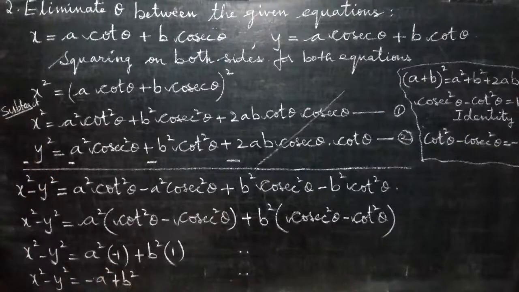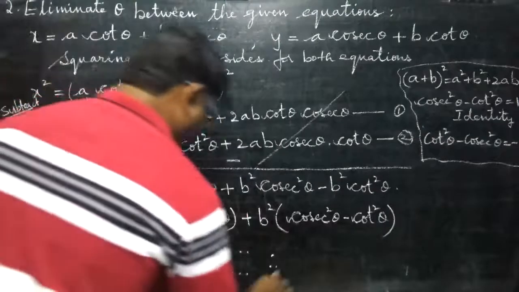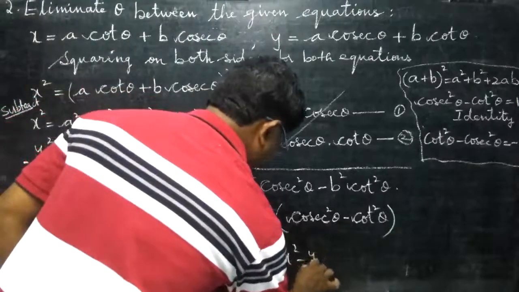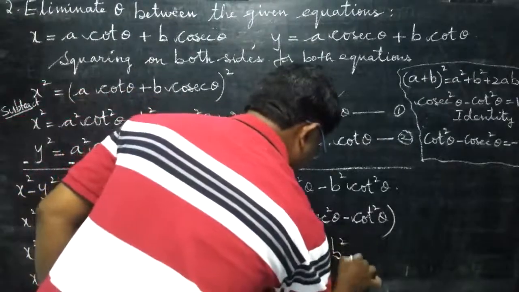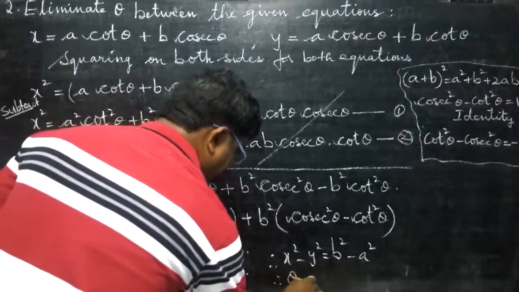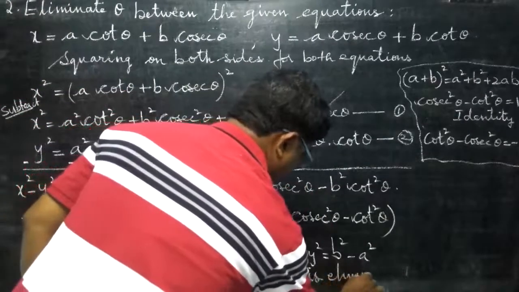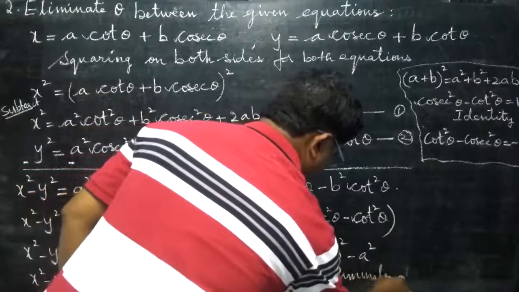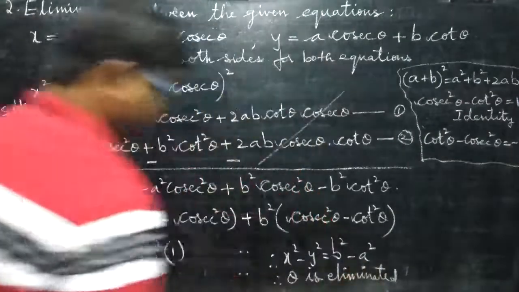More clearly, therefore x square minus y square is equal to b square minus a square. Therefore theta is eliminated. Write that word: because they told us to eliminate theta, we have eliminated theta.